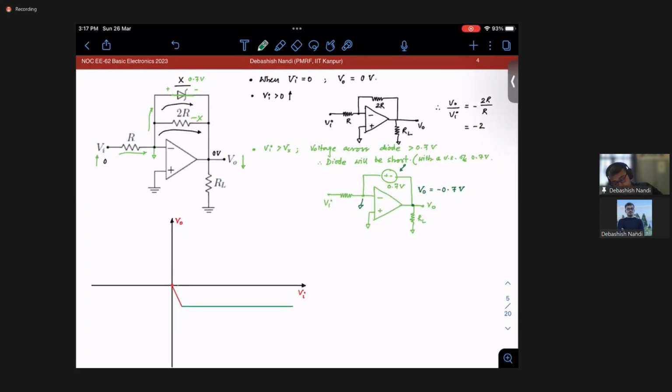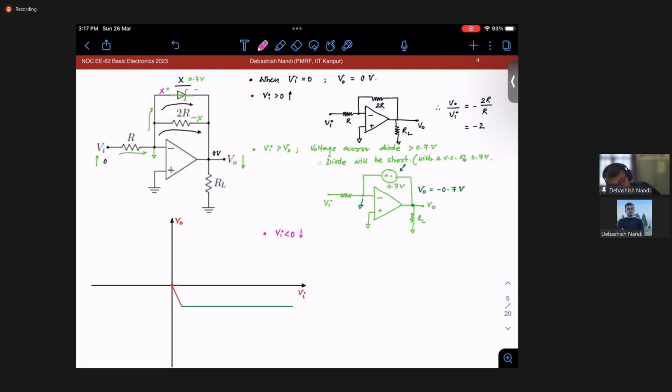Now let's say, what if Vi is less than 0 and I start reducing it, right? What will happen? This part will not be there because my diode will be in reverse bias. Why will my diode be in reverse bias?